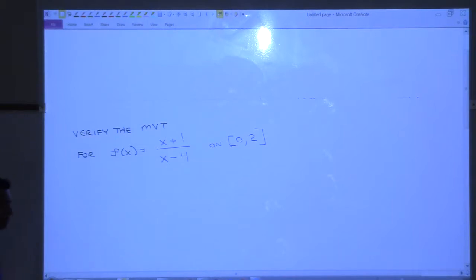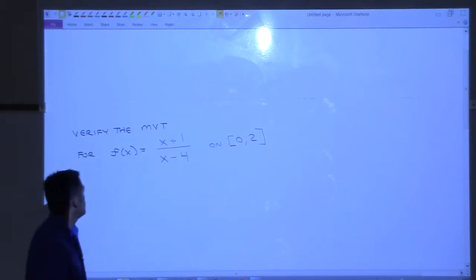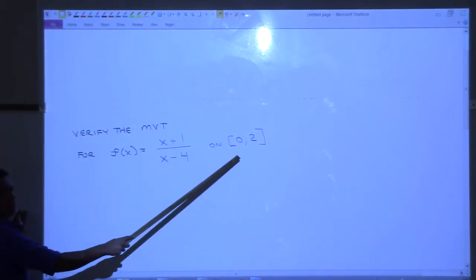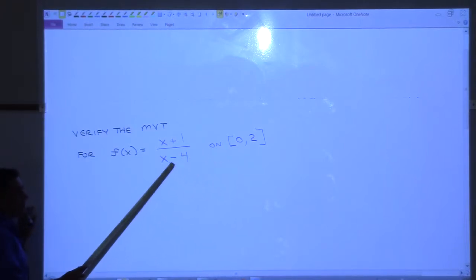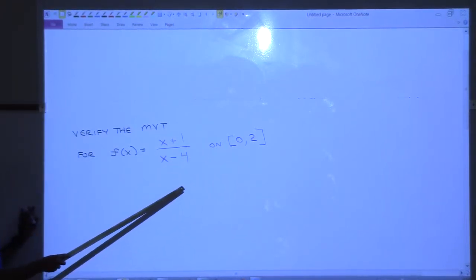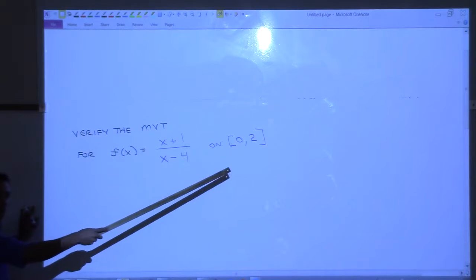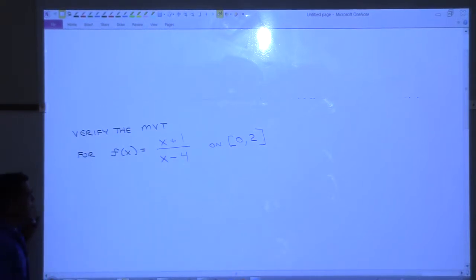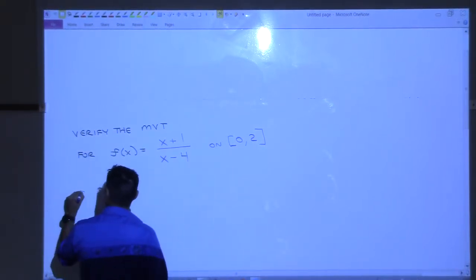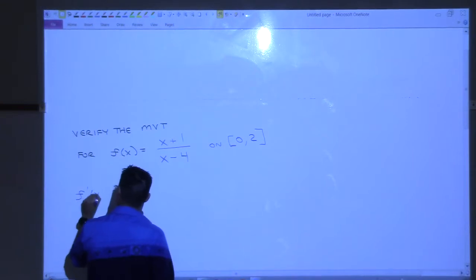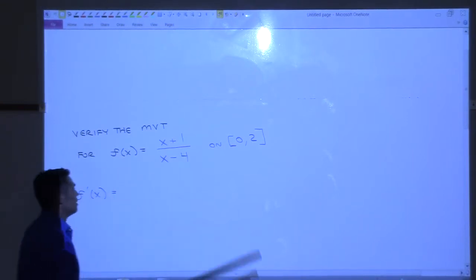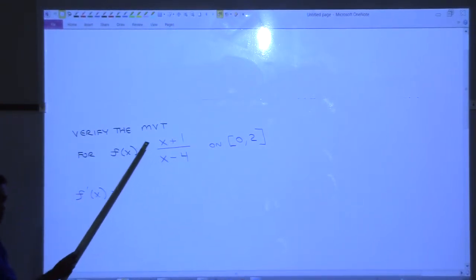All right. So first of all, are we dealing with a continuous function on this closed interval? Yeah, we do have a problem with this function at 4, but that's not in our interval, so we're good to go, right? All right, so we need to take the derivative, make sure that it is okay on that interval. So let's take a look at the derivative. So we go quotient rule here.